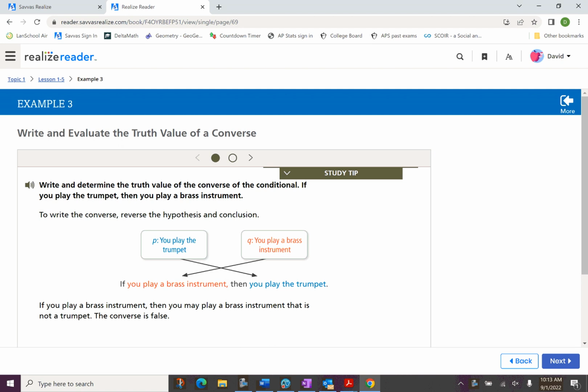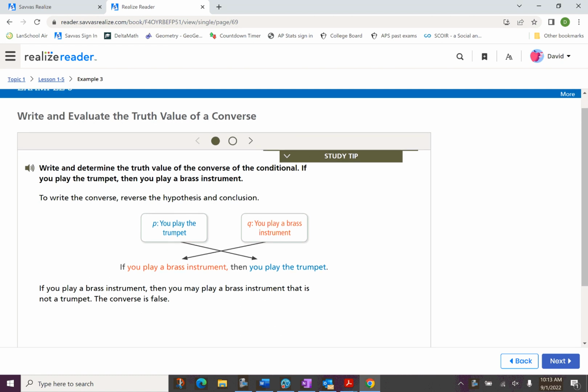So the converse of if you play the trumpet, then you play a brass instrument becomes if you play a brass instrument, then you play the trumpet. Now notice here how with the converse, it's written like another conditional statement. We start with if, include the word then almost in the middle of the sentence. And what we've done with the converse is reverse those ideas that were in the hypothesis and conclusion.